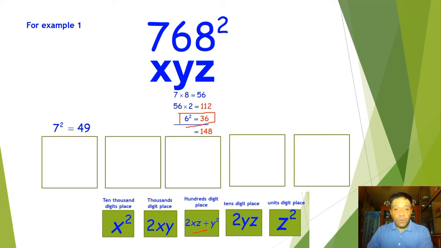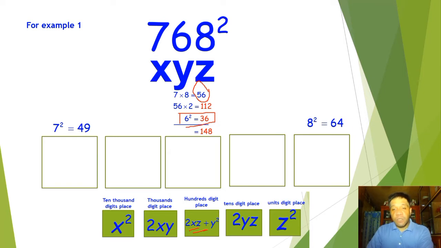Since we have 2, we get twice of it. So 56 times 2 is 112. That would be added to 36, and we come up with 148.